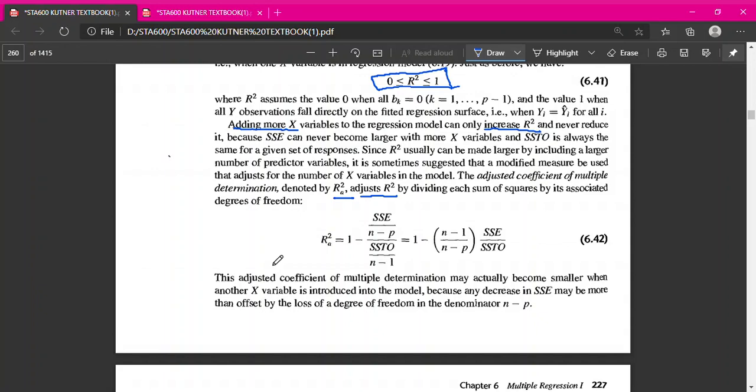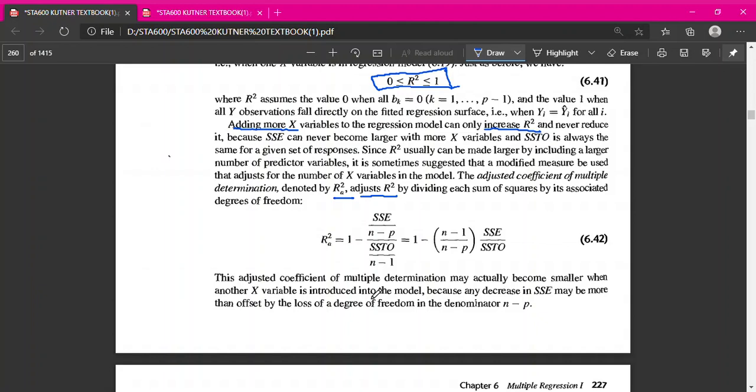Tapi R square adjusted can be smaller than the value of R square when we adding the other independent variable, sebab dia ada ni minus dengan divided dengan its degree of freedom.